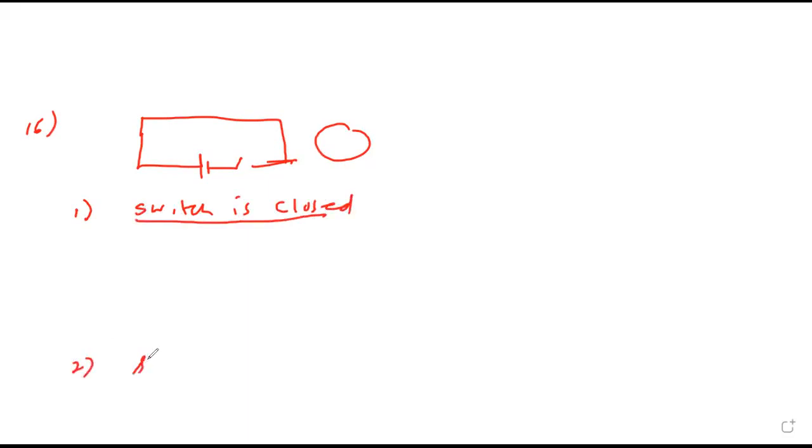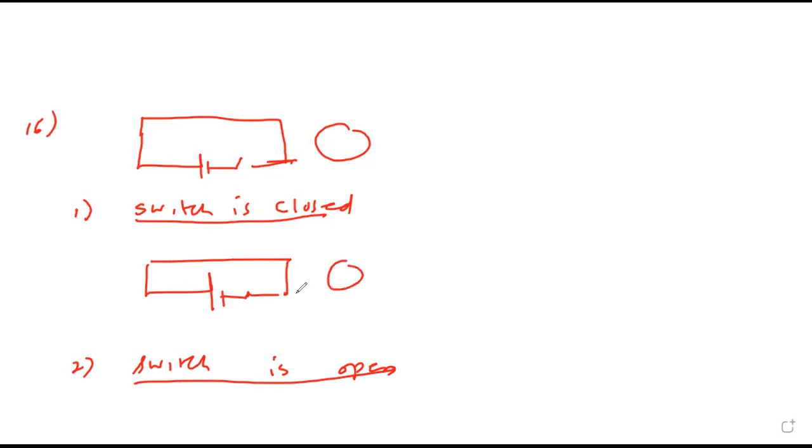Second case, switch is open. If switch is closed, current will flow from where to where? Positive to negative. That means from P to Q.